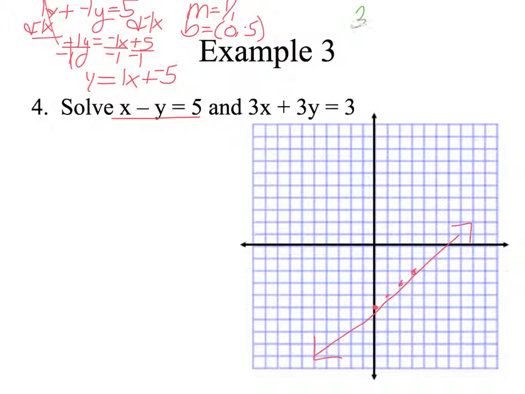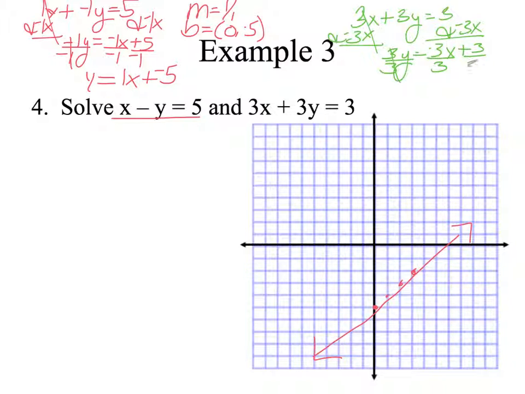Second one, 3x plus 3y equals 3. Add negative 3x to each side. So 3y equals negative 3x plus 3. Divide by 3. Y equals negative 1x plus 1.